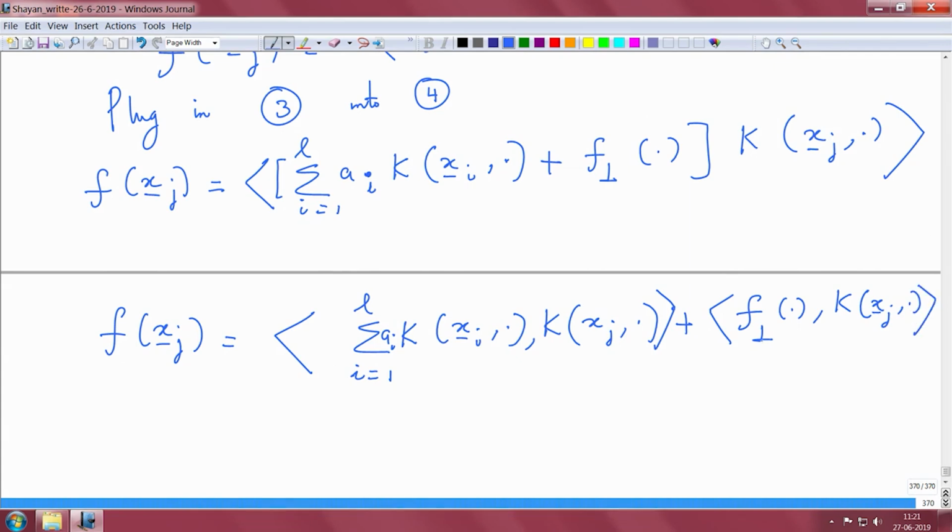Because this orthogonal component f perpendicular is orthogonal to the kernel function, this evaluates to 0.